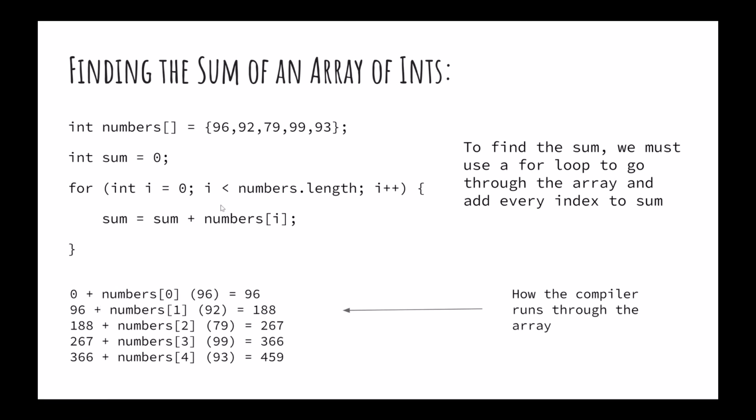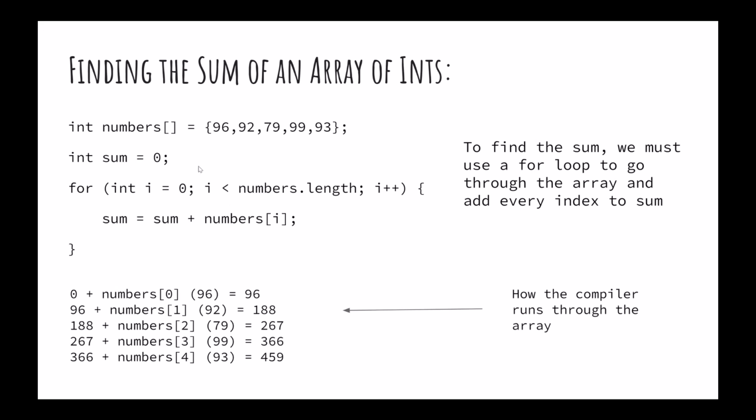Sum will hold 188 now. 188 plus numbers[2], which holds 79. 79 plus 188 is 267. Sum will now hold 267. 267 plus the index of 3 in the numbers array, which holds 99. So 99 plus 267 will now equal 366, right?